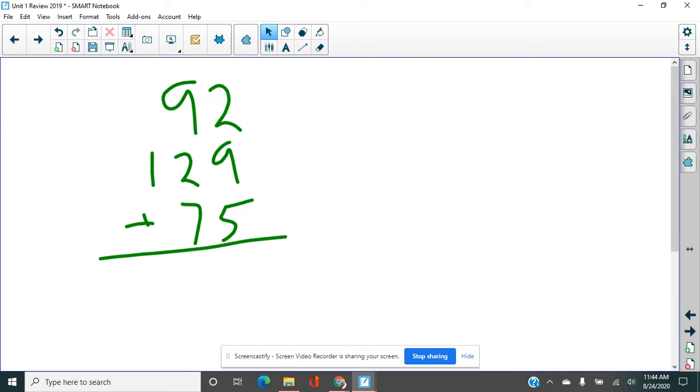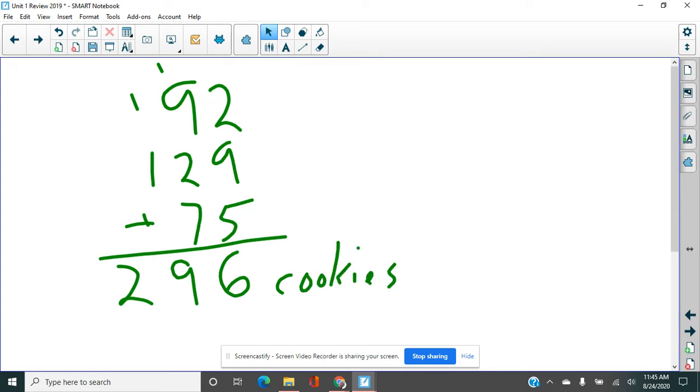Okay, let's see if you got the right answer. 2 plus 9 is 11, plus 5 more is 16. Carry the 1. 1 plus 9 is 10, plus 2 is 12, plus 7 is 19. Carry the 1. 296 cookies. Right? We always want to know what our numbers stand for.